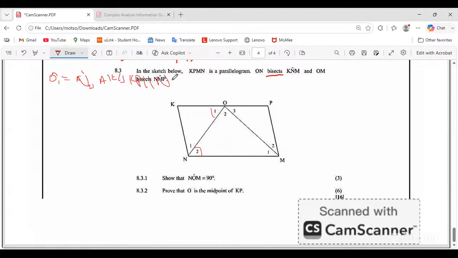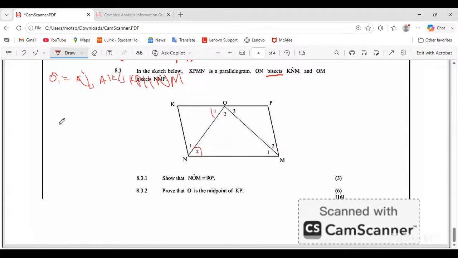The next part that you're going to do now, we're going to say O1 is equal to N1, isn't it? Why are we going to say that? Because remember we said ON bisects this angle.